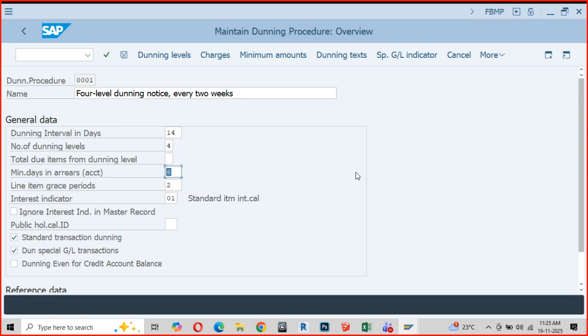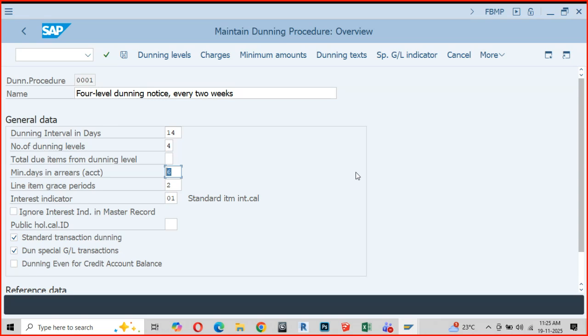If I carry out the process of dunning today, will it pick it up? According to this number, it should. 6 days. The whole invoice has expired, or it was due for payment 6 or 7 days ago, and now it can be dunned.